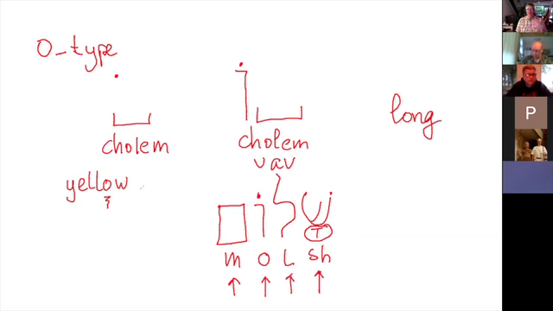And for instance, in yellow, that's the O sound. There are some other types of O sounds. And maybe you remember that the kamets could also be an O sound. And when it does, it has a different name. It's still called kamets, but it's a kamets chatuf.